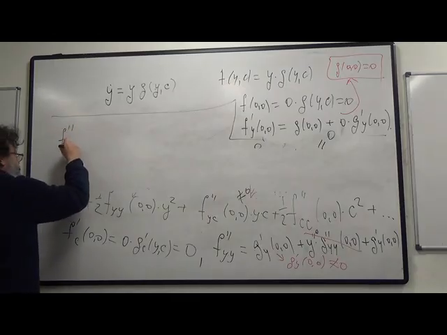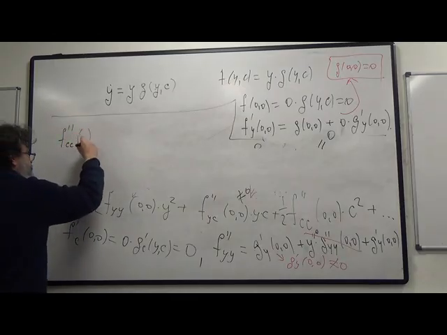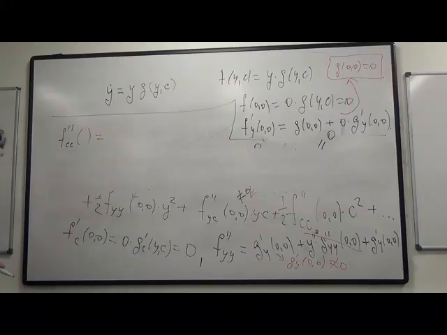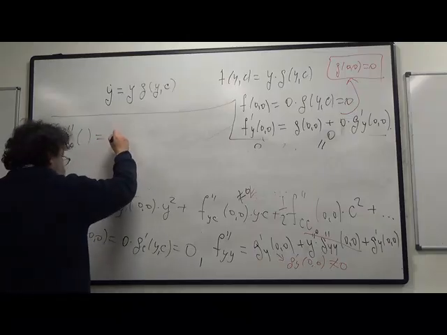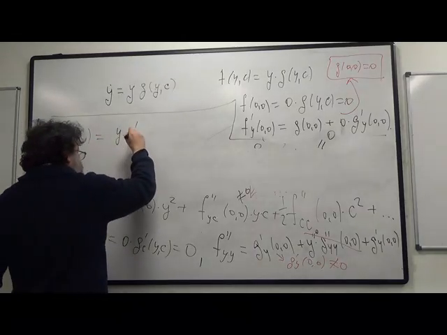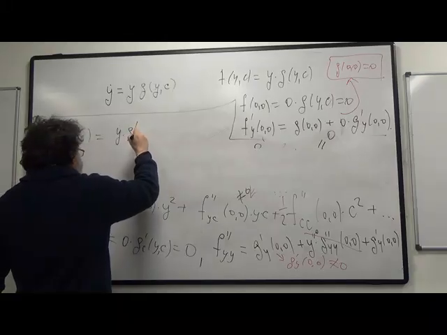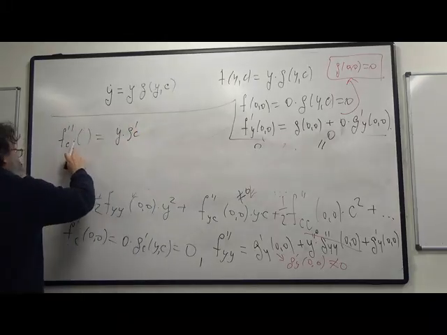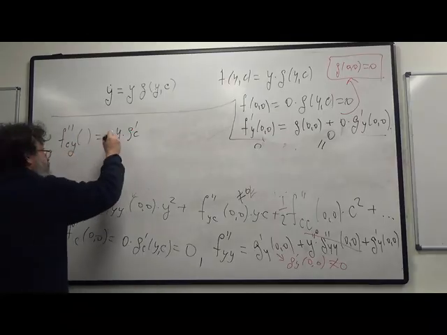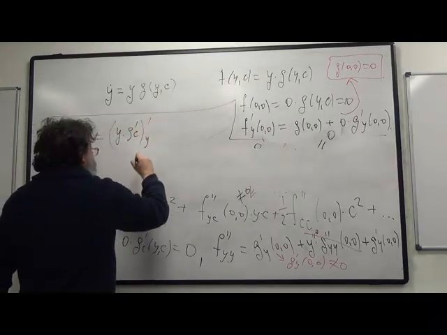The second derivative of f over c will be equal to, okay, here it is y times the derivative of g over c, it should be the mixed derivative, sorry, and we should take this derivative over y. Yeah?